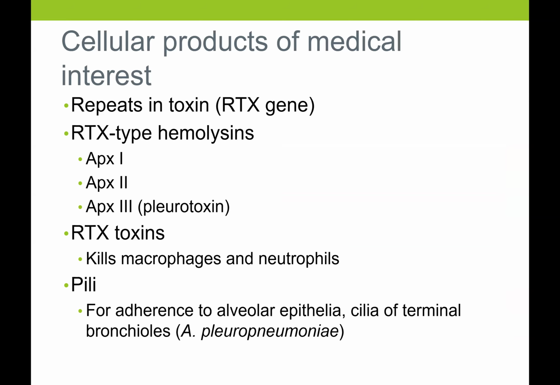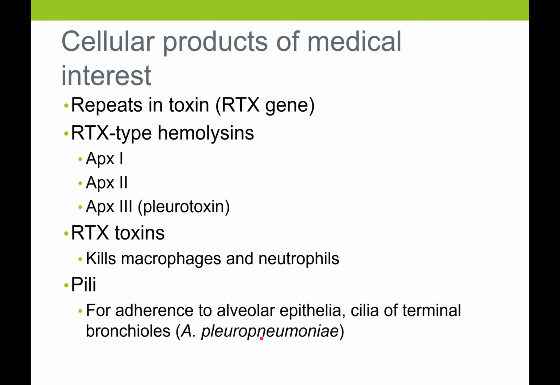Some cellular products of medical interest: the RTX gene, or the repeats in toxin gene. There are three major hemolysins that are produced, ApxI, II, and III, and they kill the macrophages and neutrophils. Just like other bacteria, it has pili for adherence.